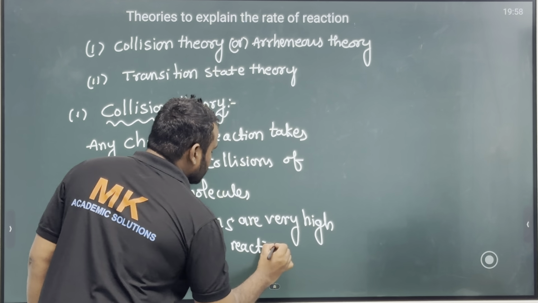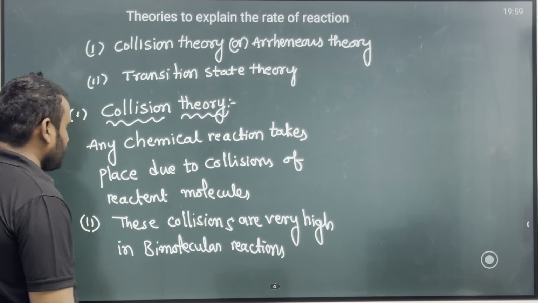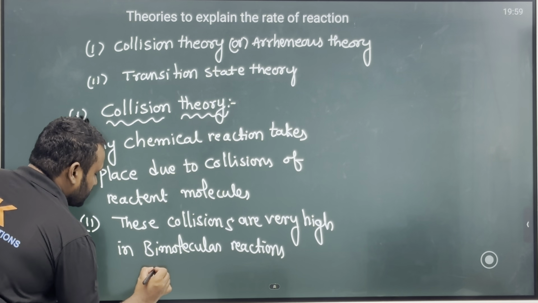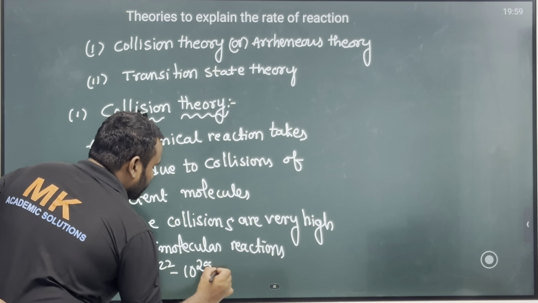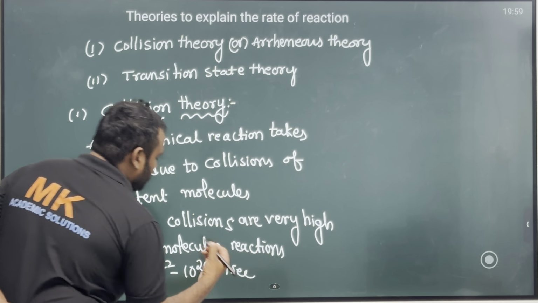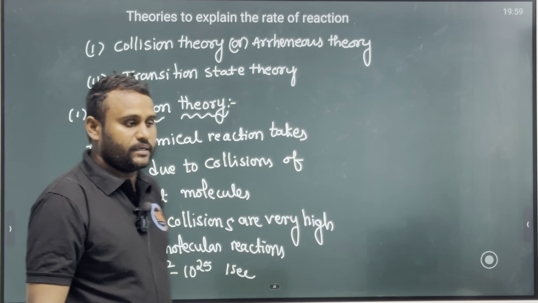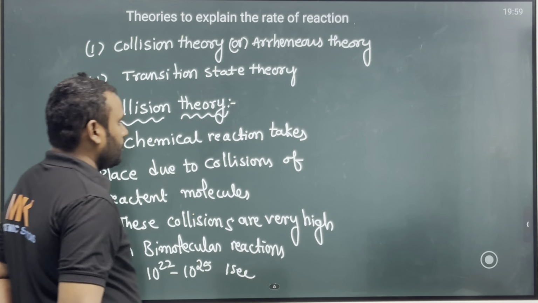Bimolecular reactions means only two molecules are involved in a chemical reaction. Here the collision frequency is 10 to the power of 22 to 10 to the power of 25 collisions per second. This is the collision rate in bimolecular reactions.